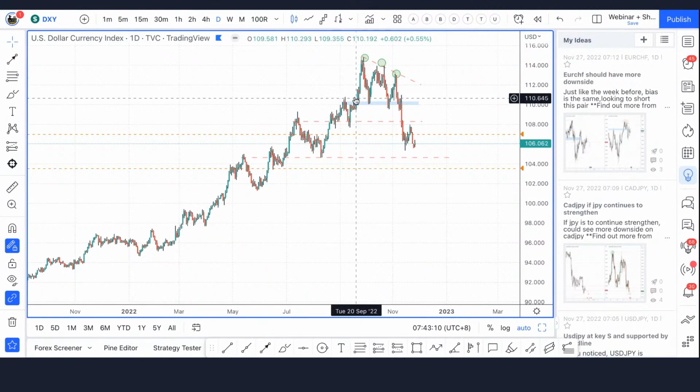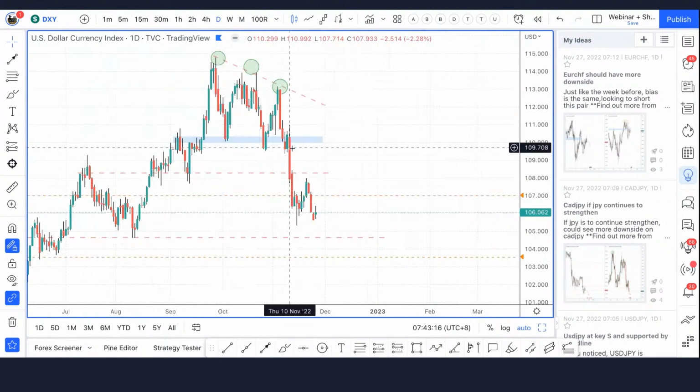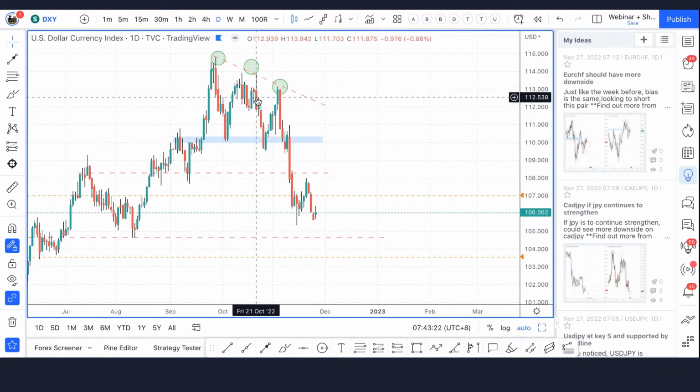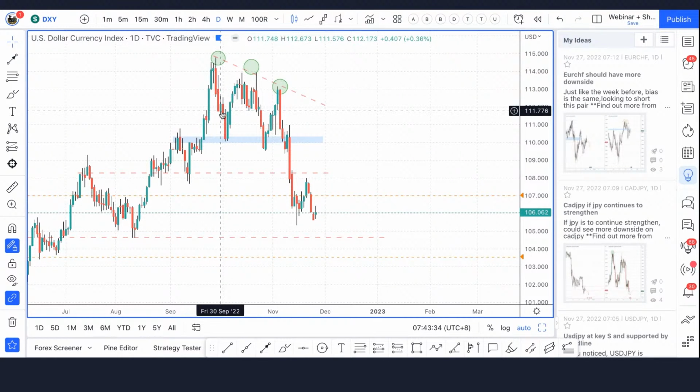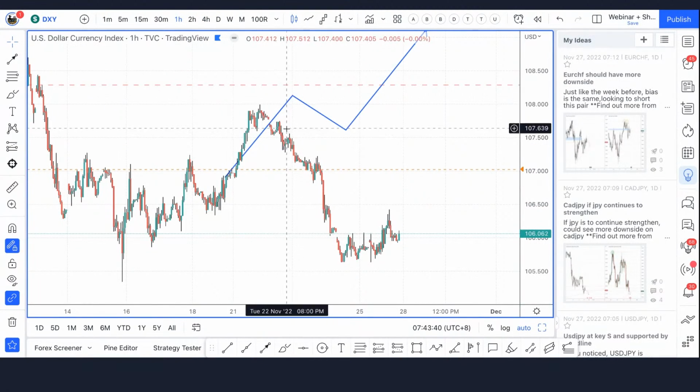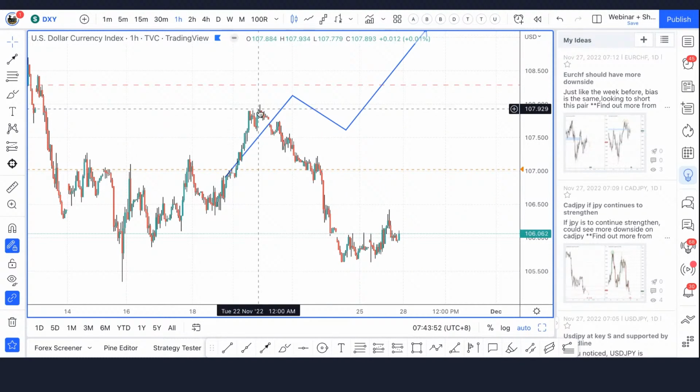Since the start of the year it has been very bullish, but towards the end, from September all the way until now, it's a bit more bearish in terms of the USD against all the major currencies like Euro, Pound, Aussies, etc. USD has been pretty weak since the end of September until now. So you need to be especially mindful about the momentum or strength of the USD, especially when you're doing a counter trend.